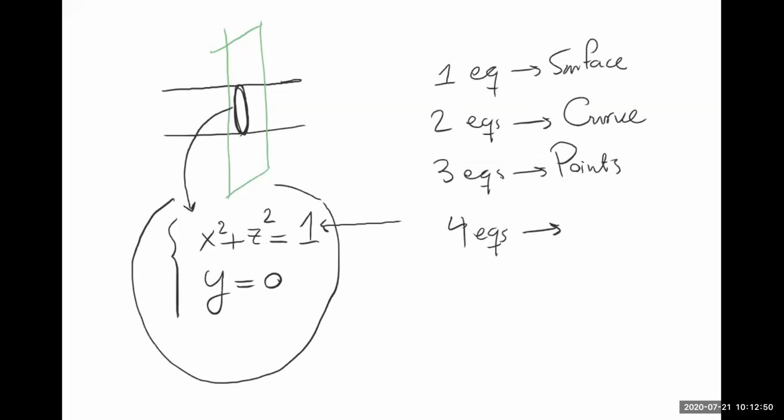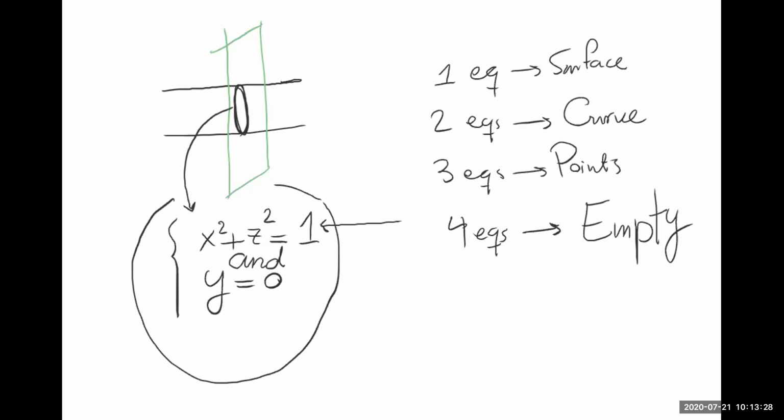A point? Well, empty, it's better to say. Nothing. And the equation of the curve would be x squared plus z squared equals 1 and y equals 0. I gave you two surfaces. The equation of the curve of intersection is these two equations, the first equation and the second equation at the same time.